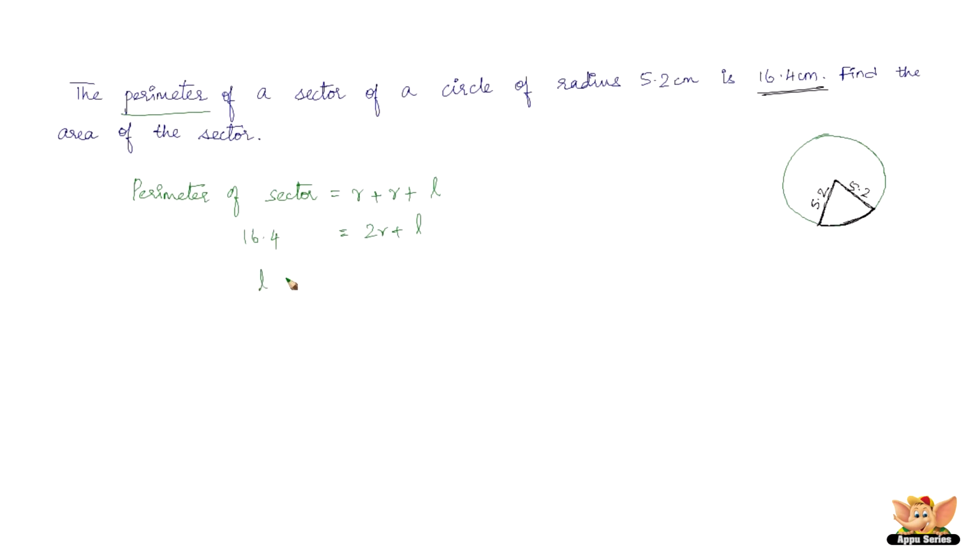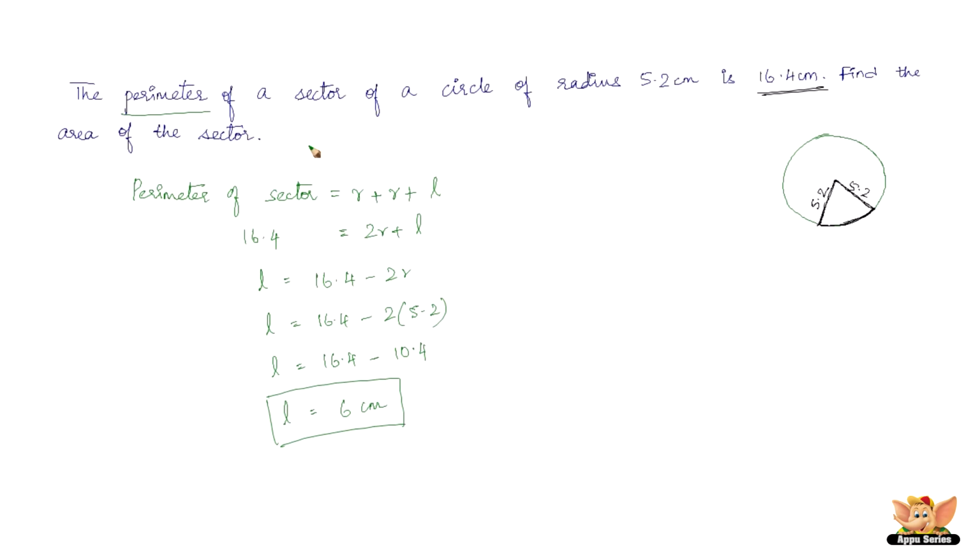So now L equals 16.4 minus 2 times R. So L equals 16.4 minus 2 times 5.2, which is 16.4 minus 10.4. So now we've got L as 6 centimeters. So the arc length is 6 centimeters, right?